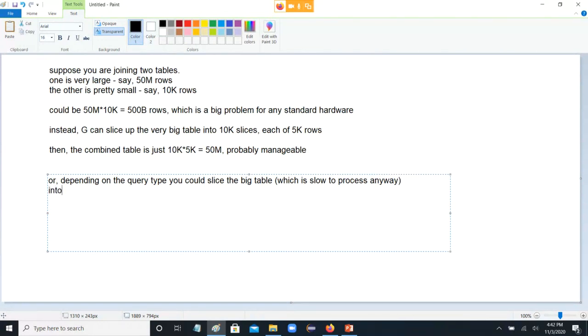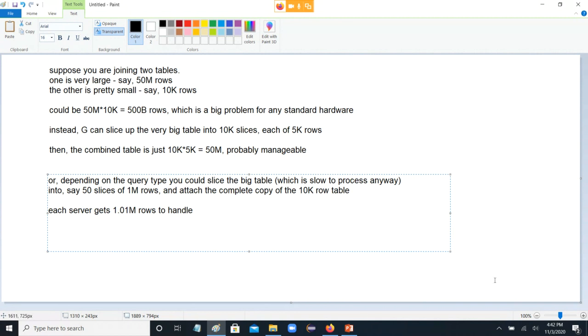You could slice the big table into, say, 50 slices, each running on a separate server of 1 million rows, and attach the complete copy of the 10K row table. And then basically each server involved gets 1.01 million, 1 million plus 10,000 rows to handle. So it's not so bad.